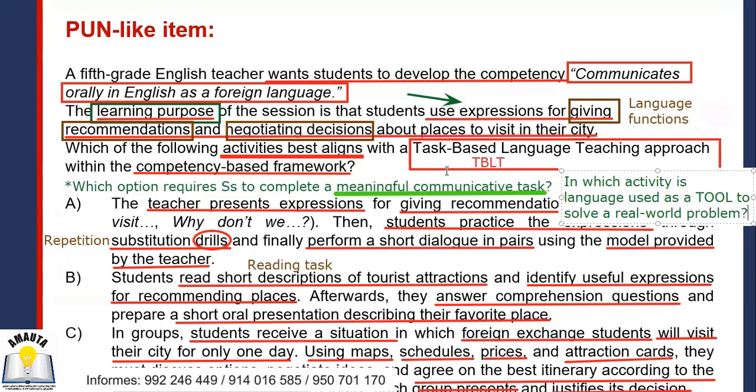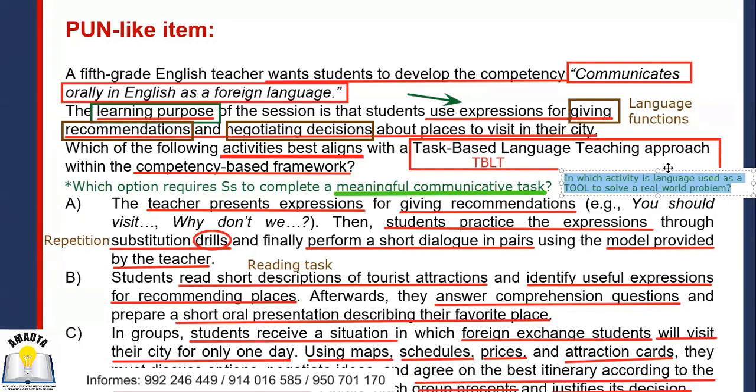Because remember that TBLT is also aligned to problem solving activities, right? So think about it. In which of the activities is English used as a tool?